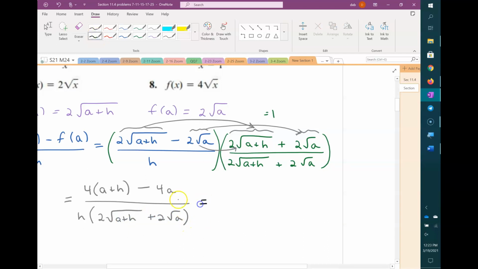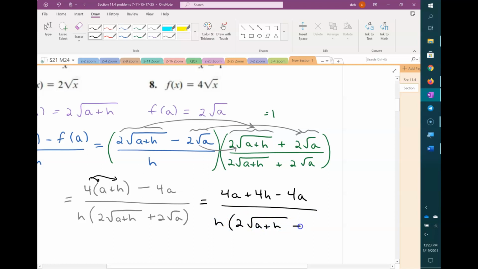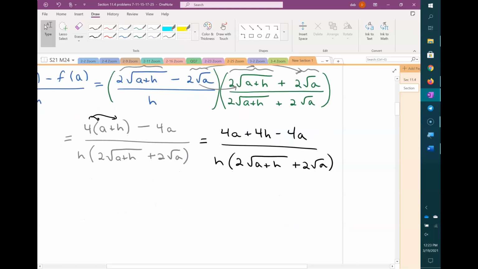Okay, so now I'm going to distribute this 4 in the numerator and get 4a plus 4h minus 4a, and that's all over h times 2 times square root of a plus h plus 2 square root of a. And yay, the 4a and the negative 4a cancel, because we know we always need that to happen at this point.